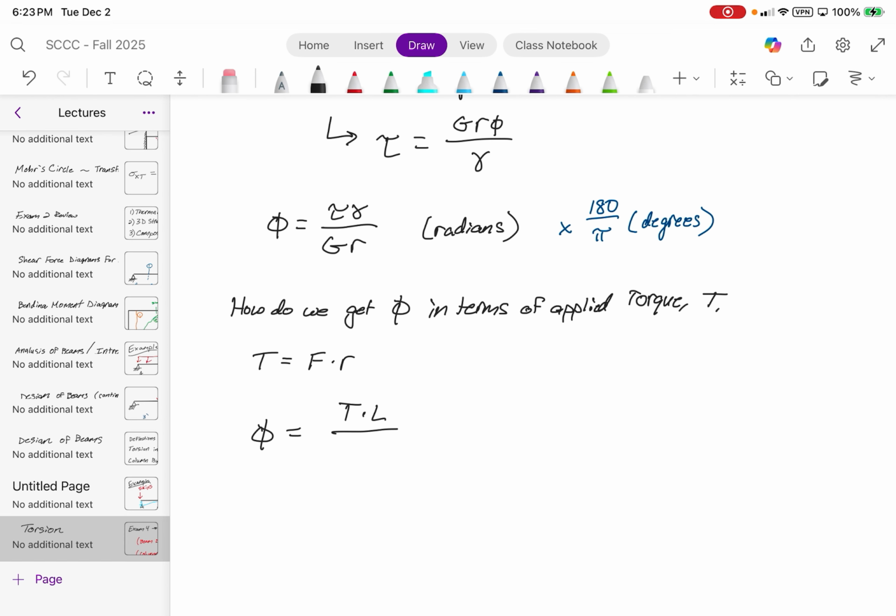So if you pull out your appendices, there are different values of J. It's going to be specifically Appendix B. Which for circles, which is what we're mostly going to be dealing with in this class, J is equal to 1/2 pi r to the 4th. Another way this is derived is from J is equal to Ix plus Iy.